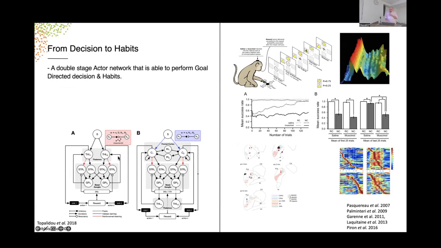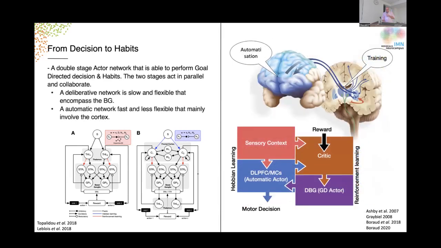But at some point, the cortex will enter the game and will play a role for habituation. So it will be able to generate habitual behavior. And the two networks act in parallel and collaborate. This network is slow and flexible, and this one is fast but less flexible.